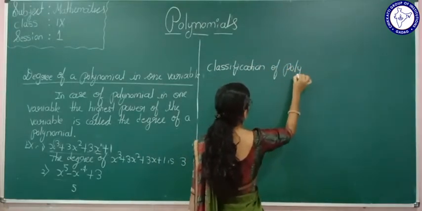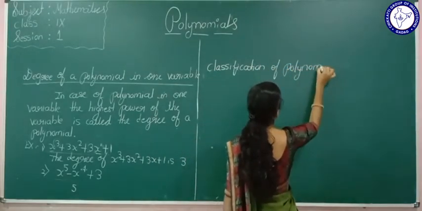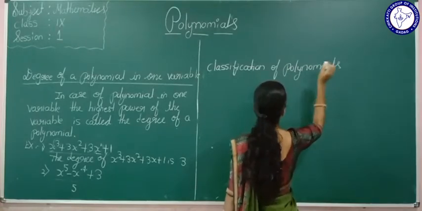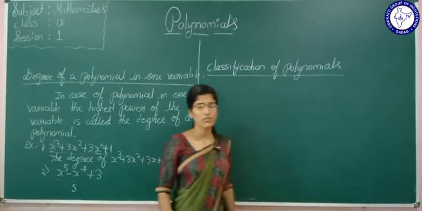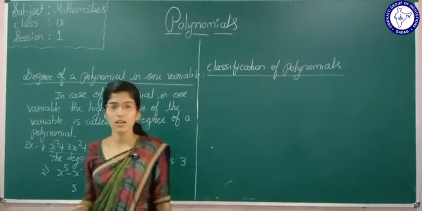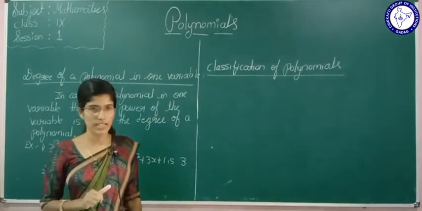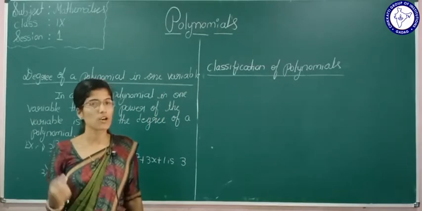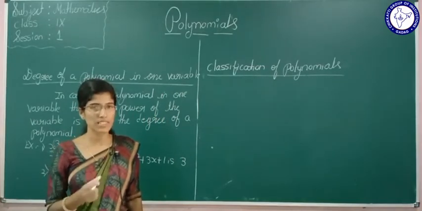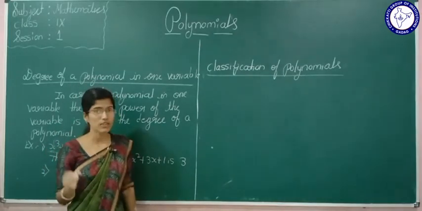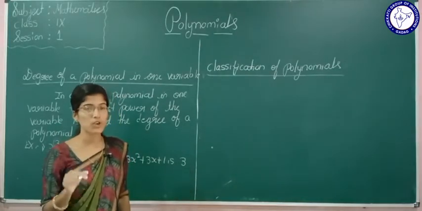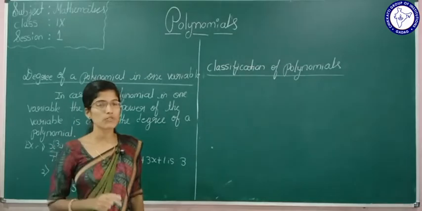See here, this classification of polynomials, we have classified polynomials on the basis of degree. The first category is on the basis of degree. And the second category, we have classified the polynomials on the basis of the terms of the polynomial.